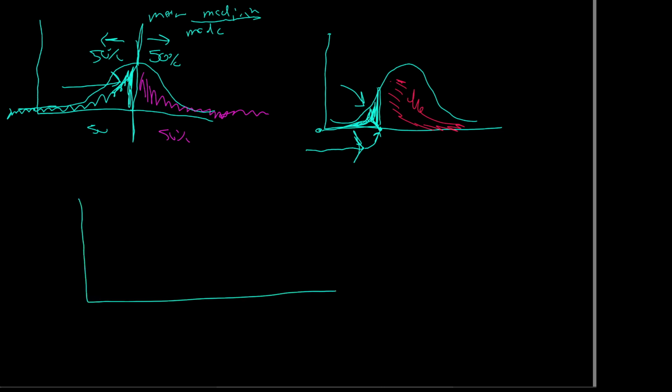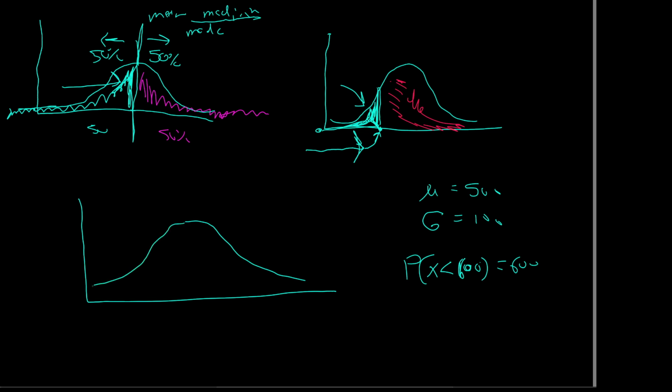So for example, if I have a distribution that has a mean of 500 and a standard deviation of 100, and I want to find the probability of my variable being less than 600. So that's what is the chance that x will be less than 600. That corresponds to the area underneath the curve up to 600.